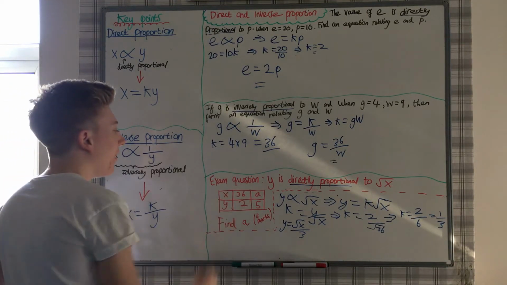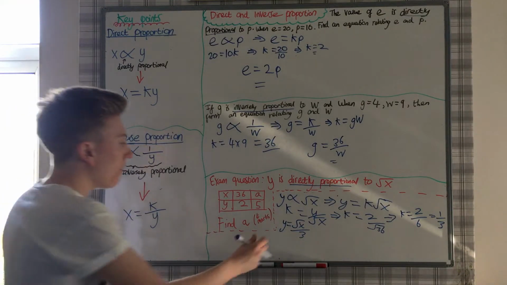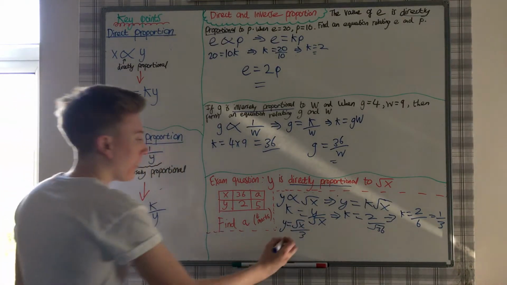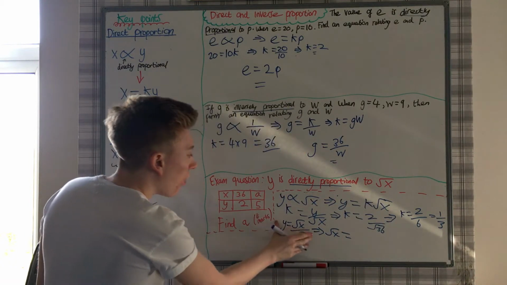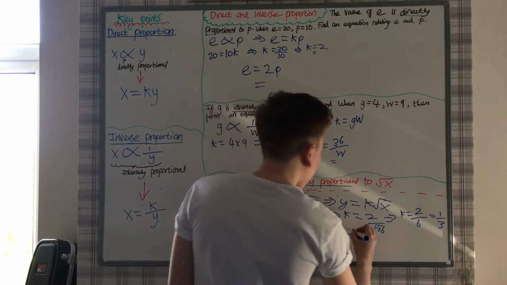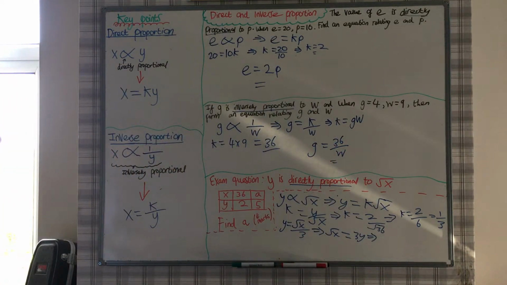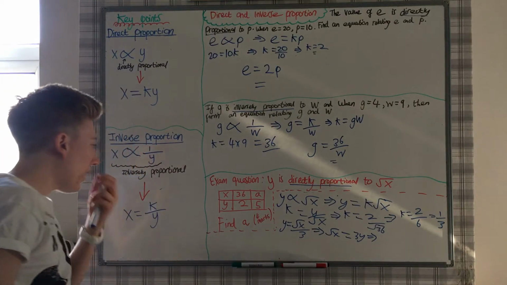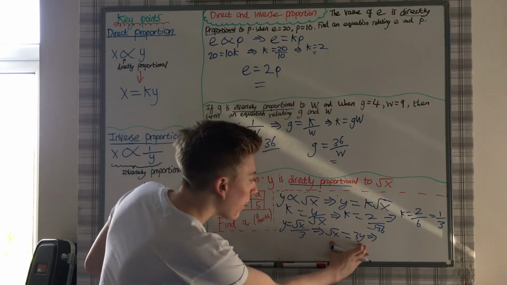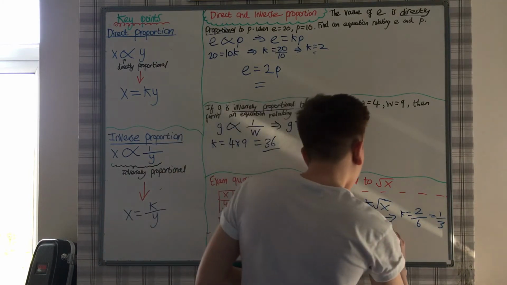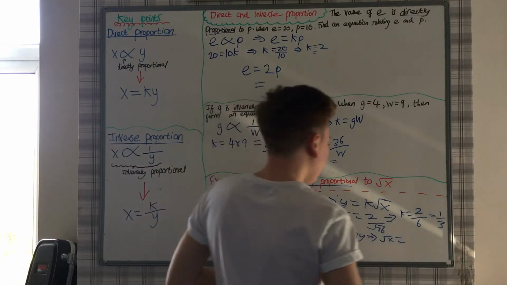And now we can find a, because a is just the x value when y is 5. So we need to rearrange this for root x. Well, root x is equal to 3 multiplied by y. Just multiply both sides by 3. And we know that y is 5 when x is a. So we can say that if root x equals 3y, then root x, in this case, equals 15.